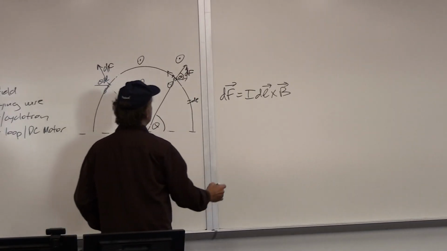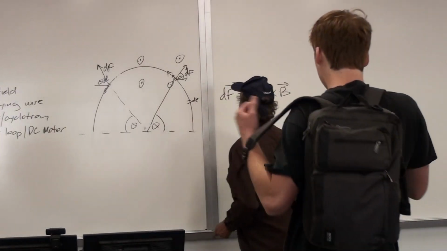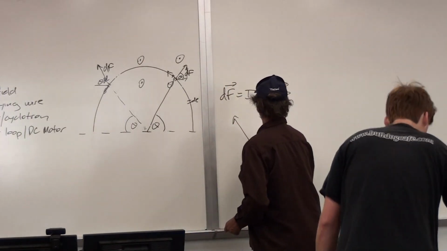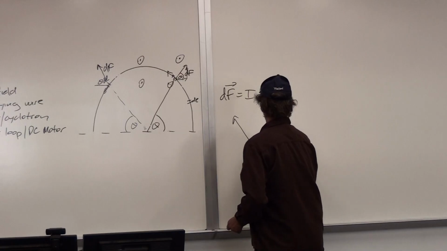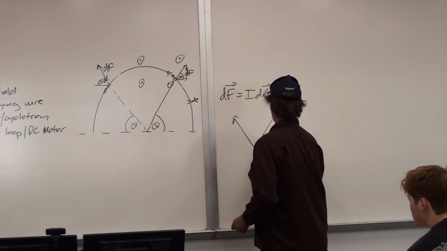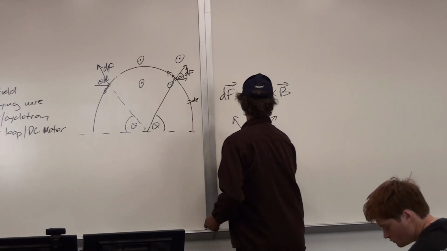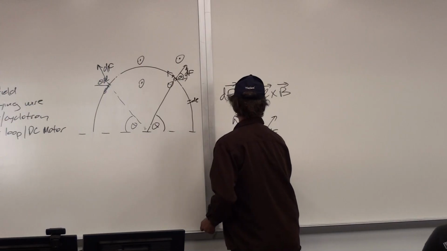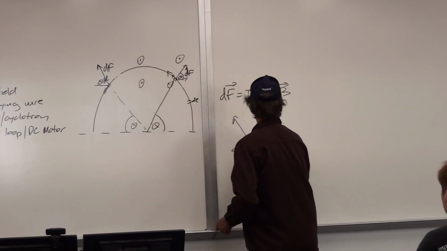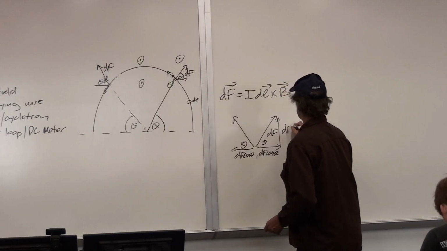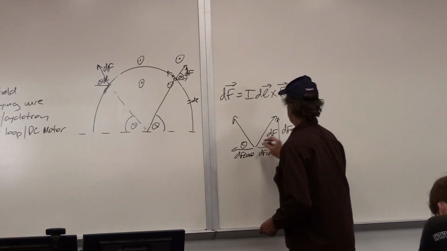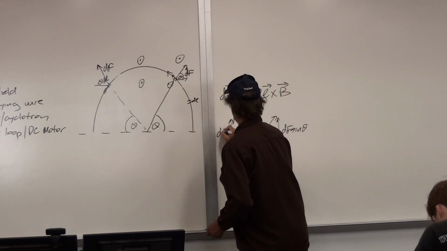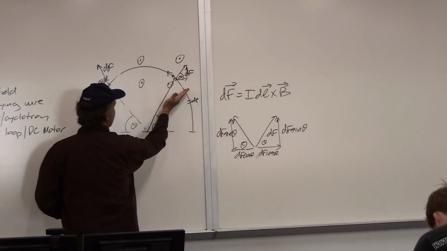And so now can you see that if we put these together, this is dF, that the dF cosine theta components will cancel. And what I'll add then is the dF sine theta components. And we're doing this pair by pair. So I'm saying, okay, for this angle, I've got that one.